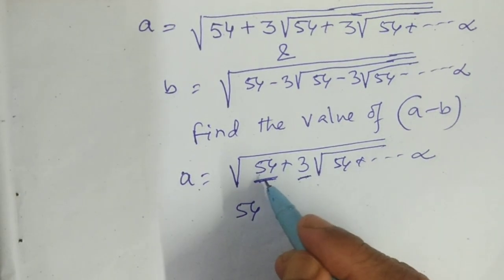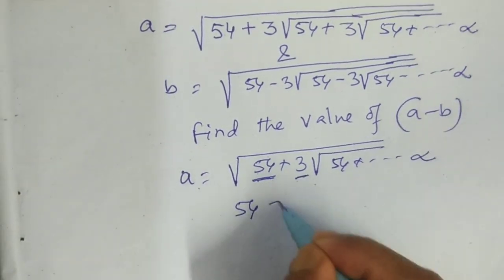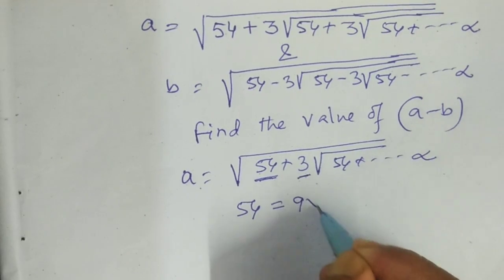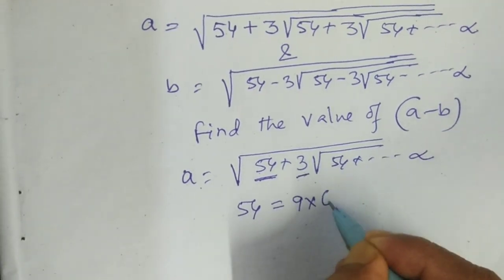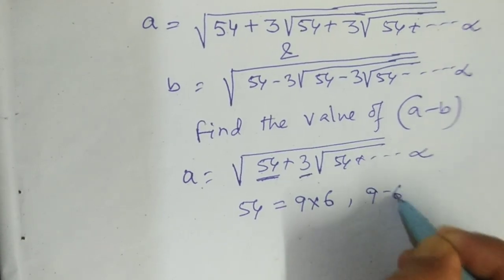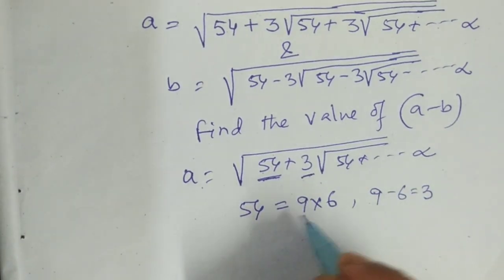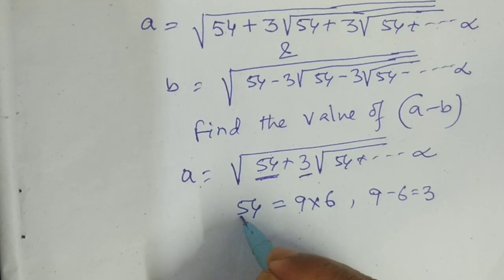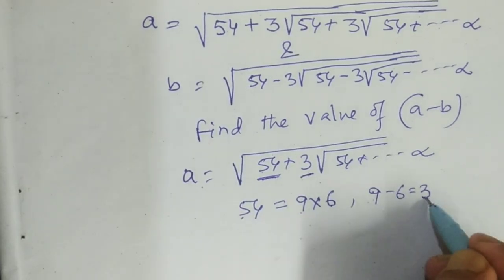Now we will write 54 as the product of two numbers whose difference is 3. 9 minus 6 is equal to 3. So 9 into 6 is 54 and 9 minus 6 is 3.